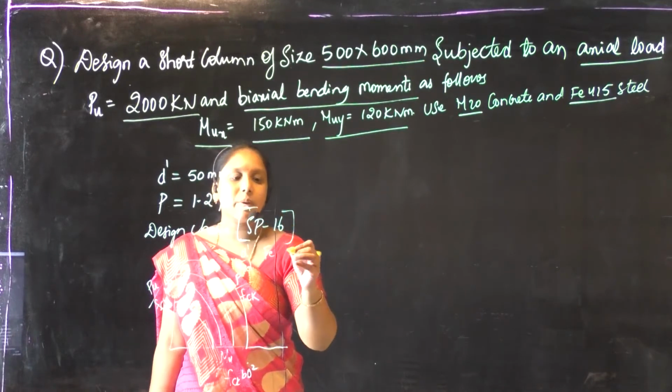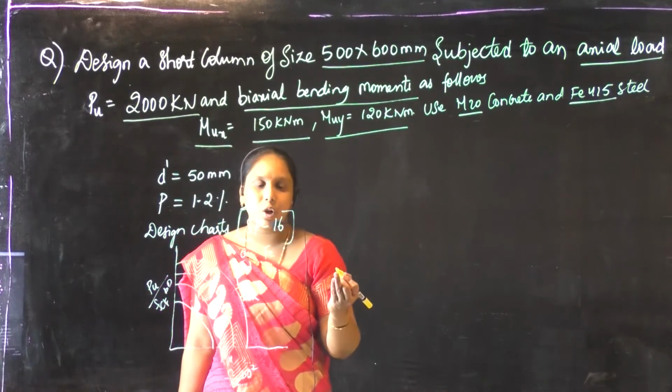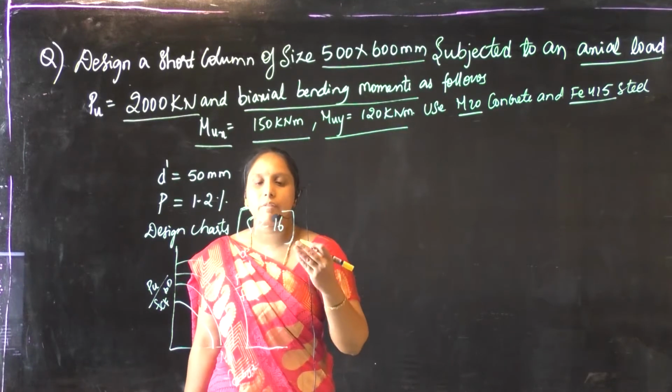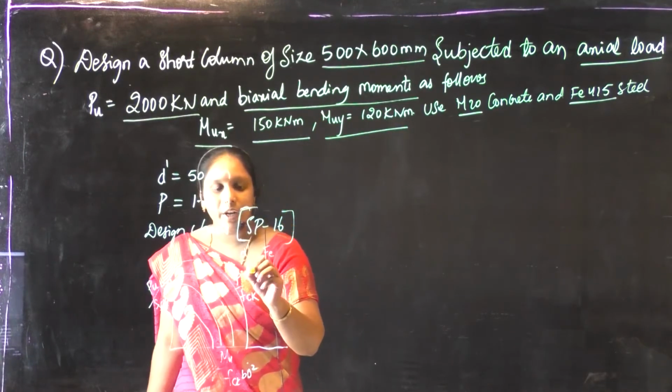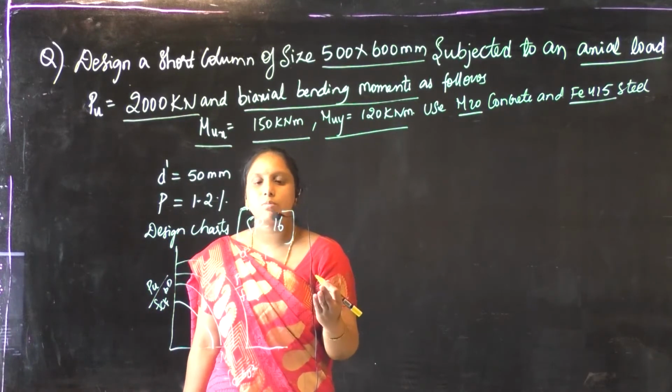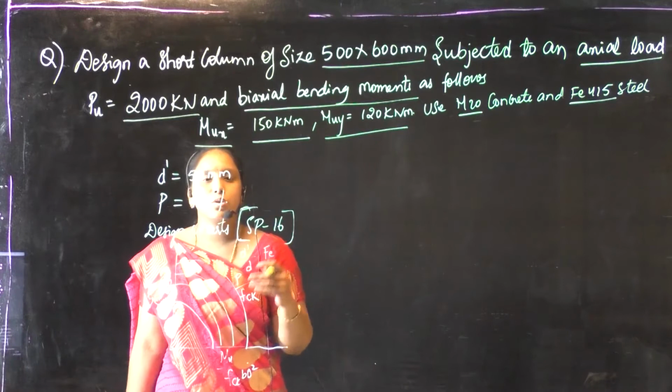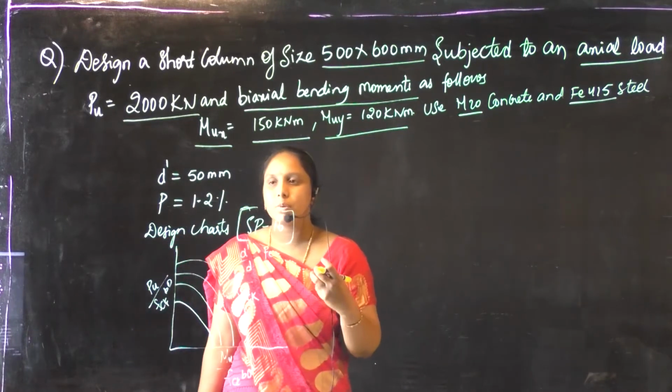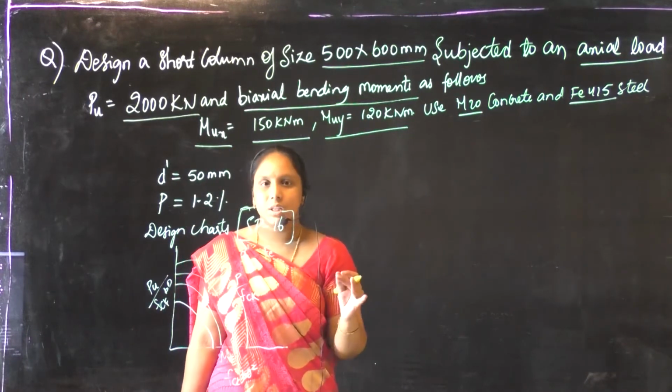The charts will be different for different types of columns. For rectangular columns you'll have different charts with different d dash by D values and grade of steel values. For circular columns also we have different charts. So we have to choose a suitable chart based on the design.